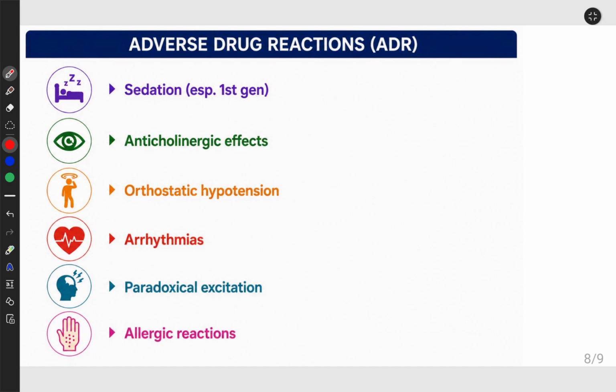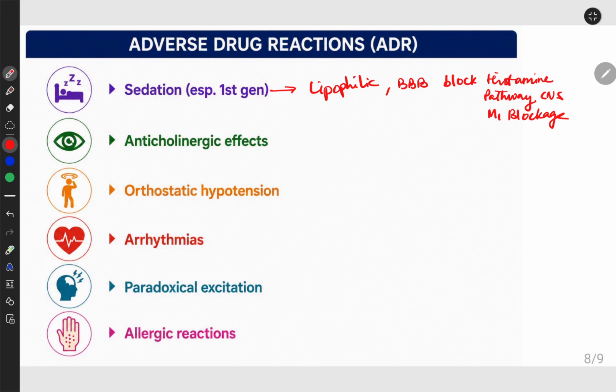The first and the most common reaction is sedation, and sedation is mainly caused by the lipophilic drugs which cross the blood brain barrier and block the histamine pathway in the CNS and produce M1 blockade. Right? These anticholinergic effects are produced not only by the M1 blockade but because of non-selective blockade of muscarinic receptors.